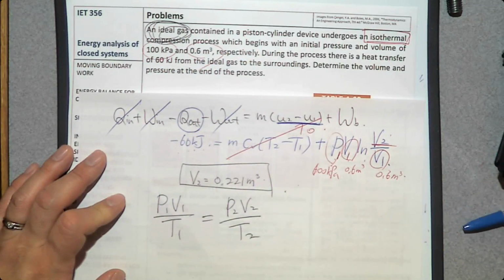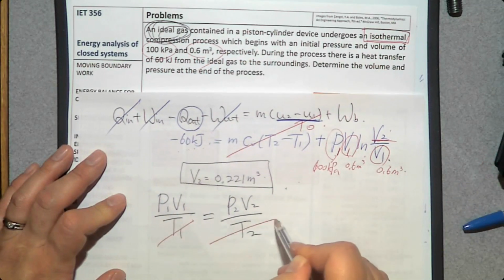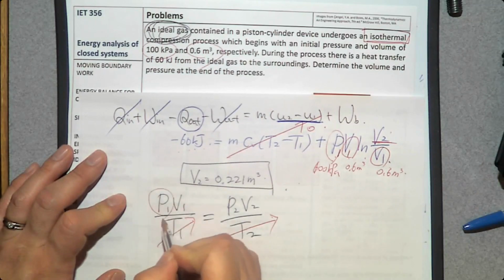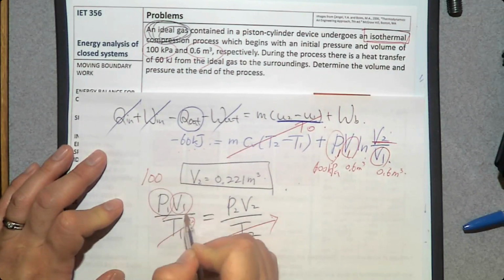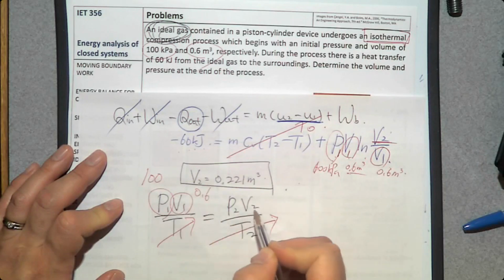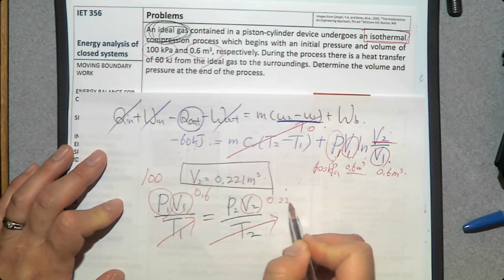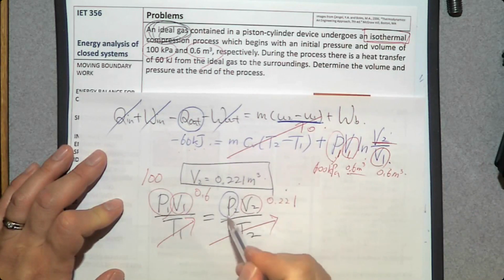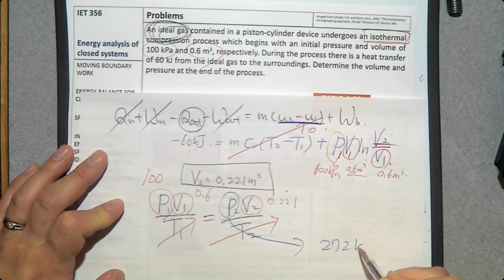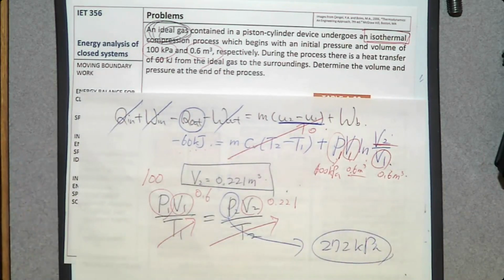It's a constant temperature process, so T1 is the same as T2. What is P1? 100. What is V1? 0.6. What is V2? 0.221. What is P2? 272 kilopascal. That's how you solve this problem.